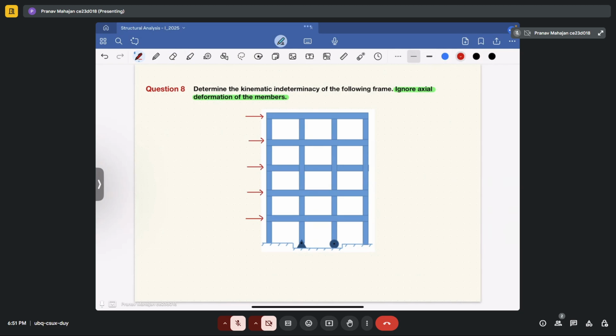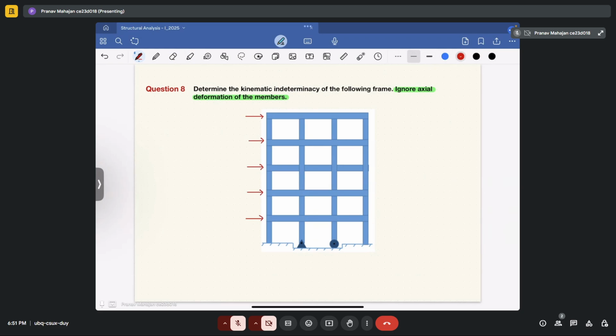So the best example to understand this is, if you apply a unit load in the beam, how the whole frame will move, because if you apply the unit load, the deflection at each and every point in the beam will be equal in the horizontal direction. So that's why if we consider only one beam, that means we are considering all the unknowns that occur in this whole structure.